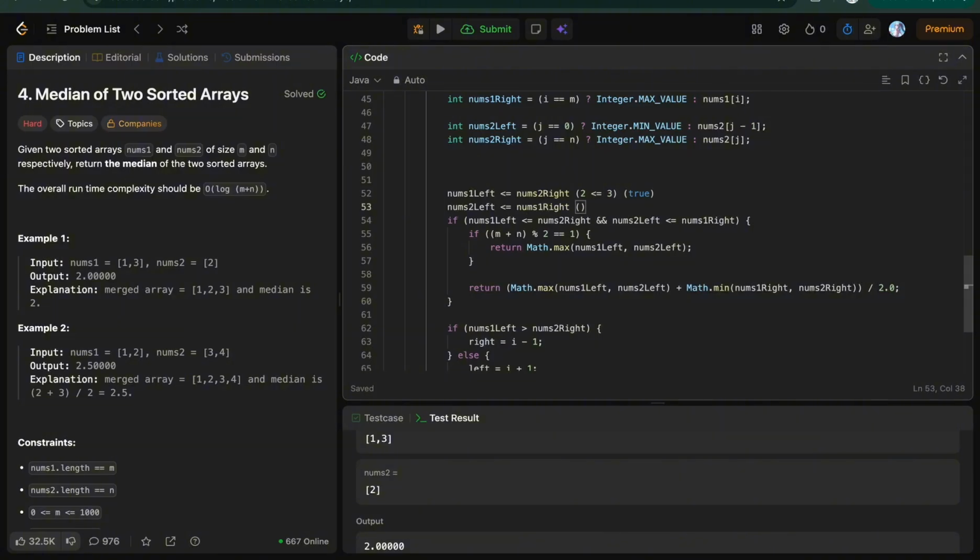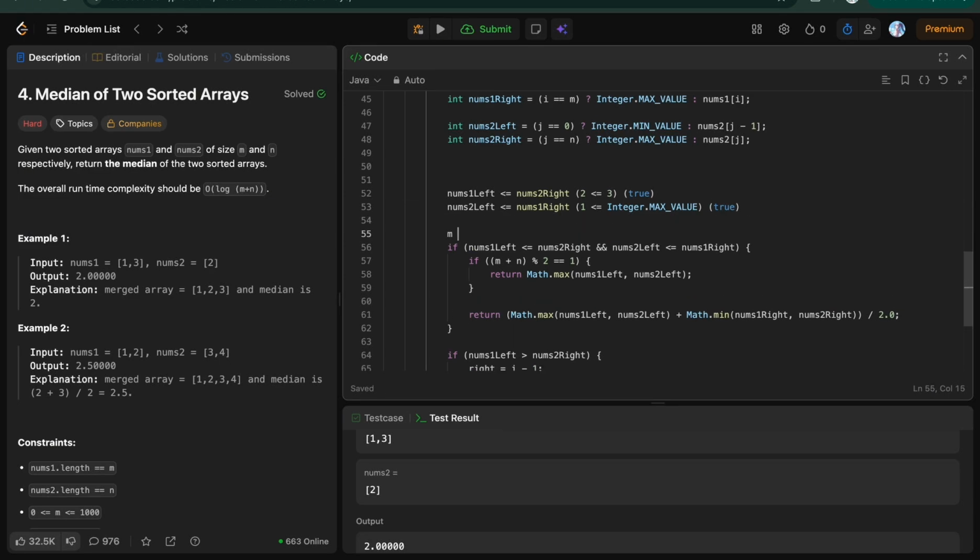That part is also true because 1 is definitely less than or equal to the integer max value. And since that's also true, now we have found the correct partition, and the total length, m plus n, is equal to 3.